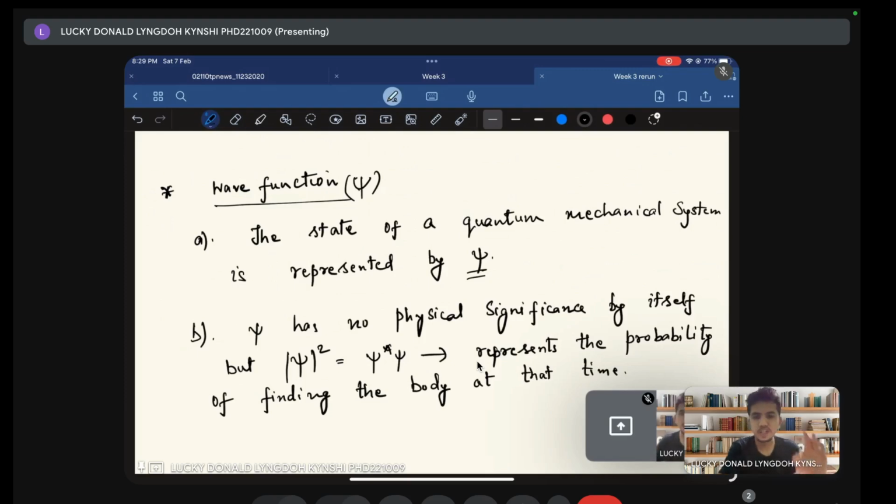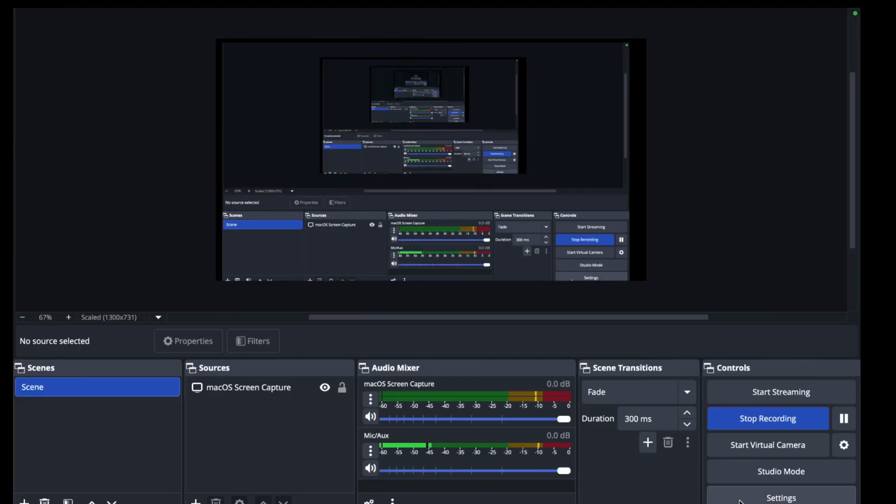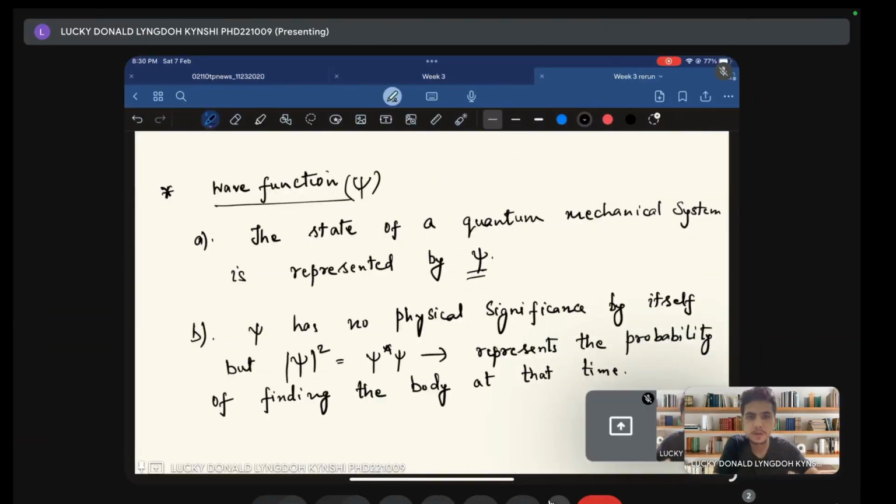That means psi by itself, since it's a complex number, has no physical significance, but its square, the multiplication of the complex conjugate psi star into psi, represents the probability of finding the particle at that time. I have told you that quantum mechanics deals with probabilities. Here also psi star psi deals with the probability of finding the particle at that time. Let me just make sure that it is recorded. Okay, I think it's recorded.